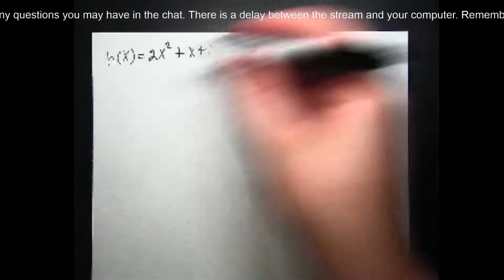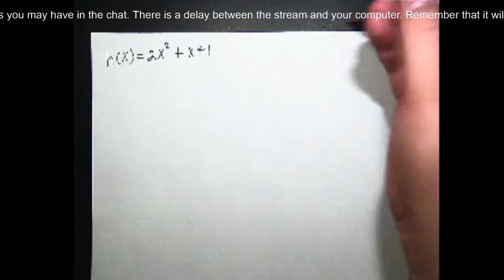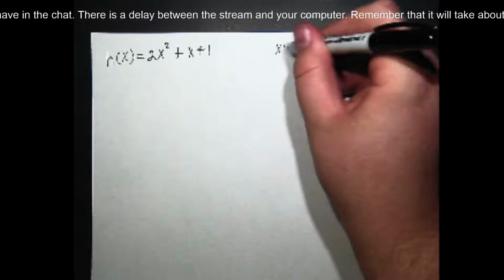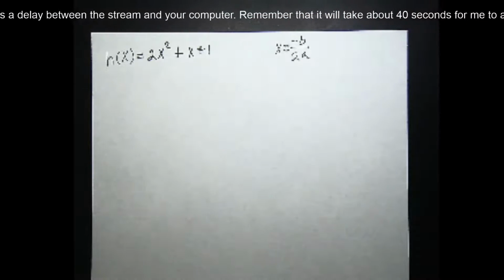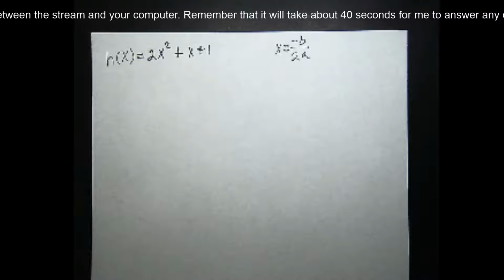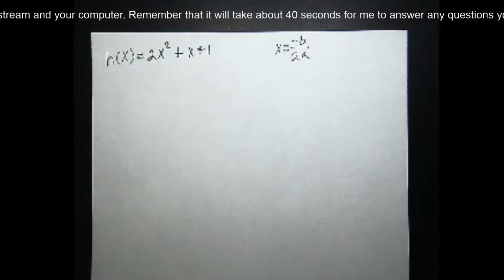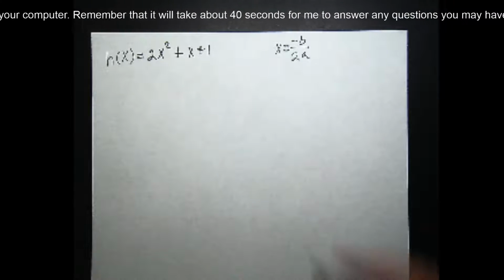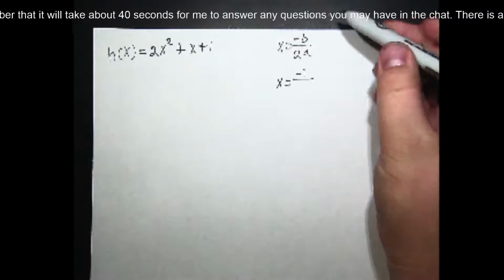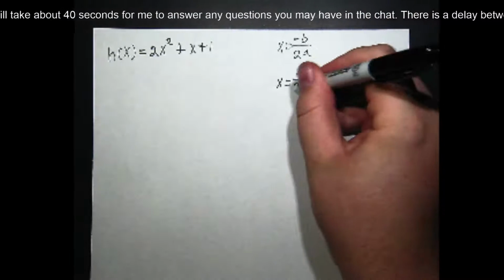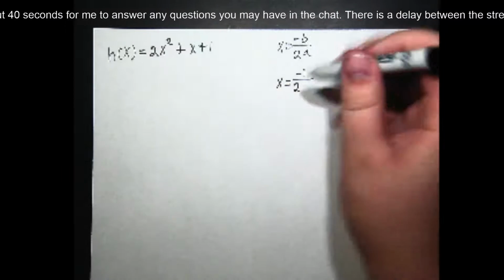So, let's find that vertex. This is pretty easy to do. Again, it's x equals negative b over 2a. So let's see. Our b is 1. So we've got x equals negative 1 over 2 times our a is 2, so that's 2 times 2.